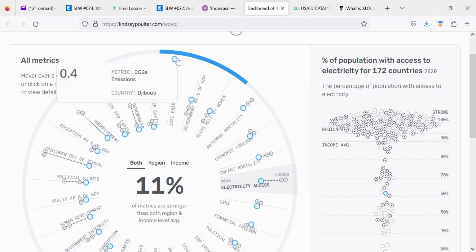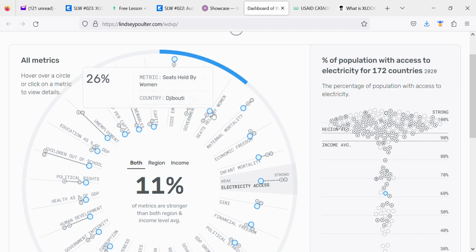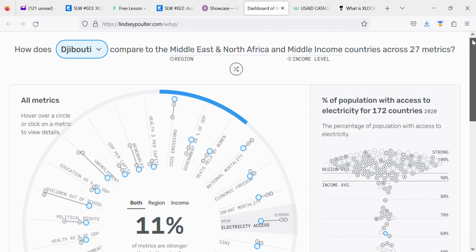Those are the carbon emissions, which is 0.4, government, which is 49.3%, and seats held by women is 26%. So that is the value for Djibouti.